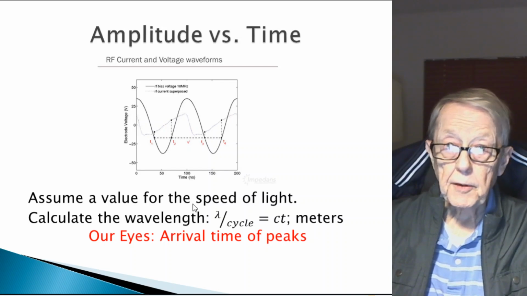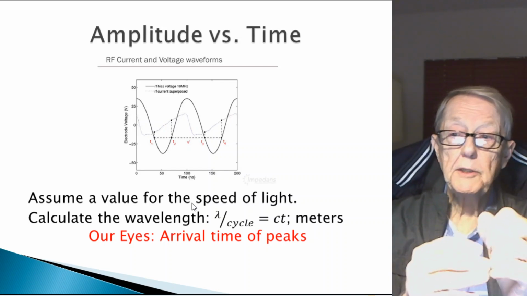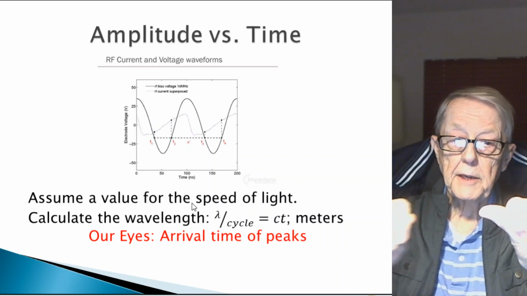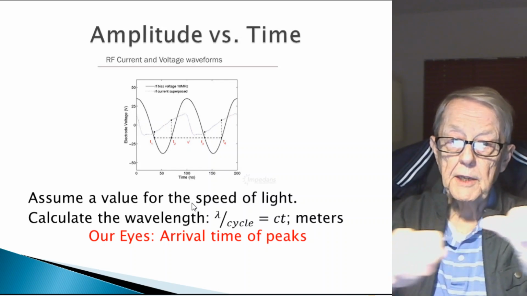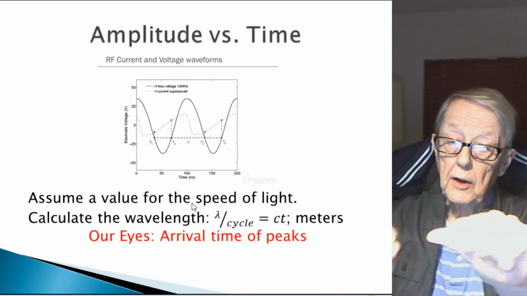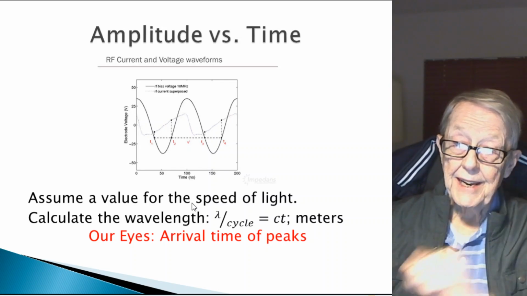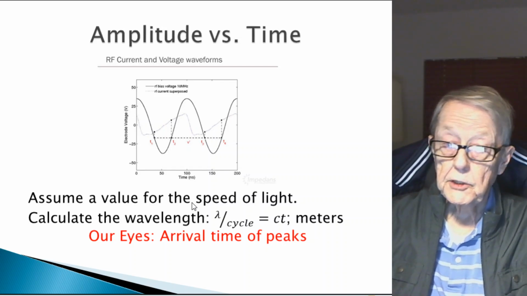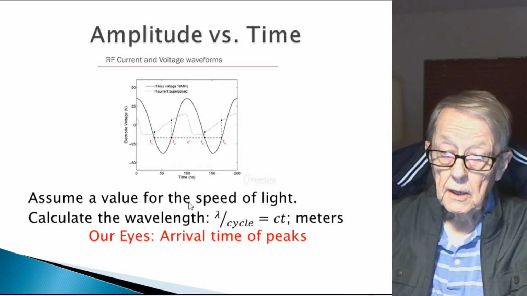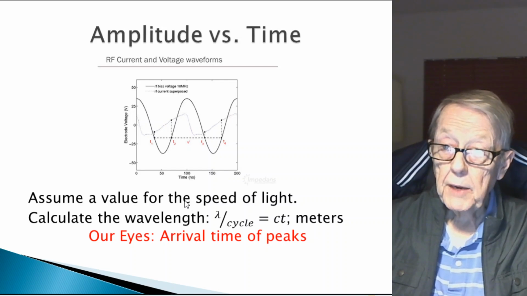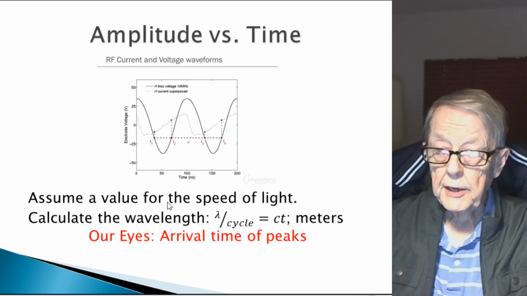What it does, very simply put, is that if this, my thumb, is the cone, and light hits that cone in synchronism, the cone, I contend, has a resonant frequency, just like the LC circuit I just showed you. It measures the arrival time of the peaks, not the wavelength. Just an interesting side point.